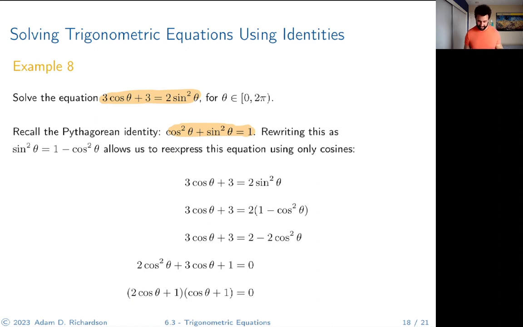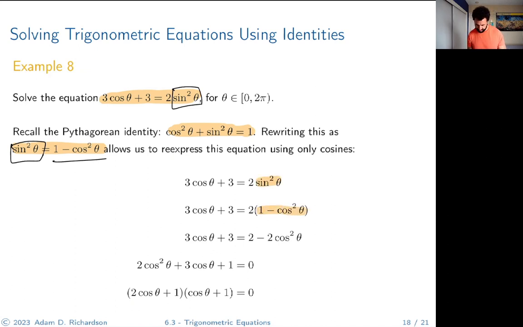But if we take this identity and we rewrite it like so, if we solve for sine squared theta, we can then substitute sine squared theta with 1 minus cosine squared theta. And when we do that, we'll now only have one type of trigonometric function. So here we go.